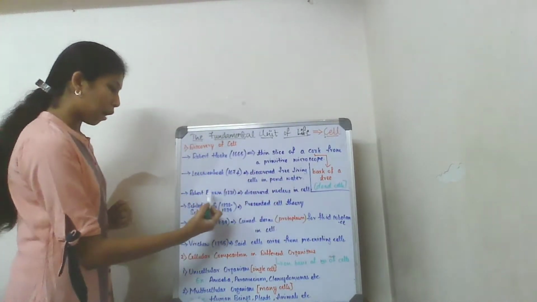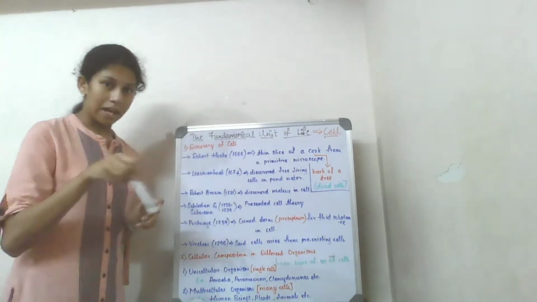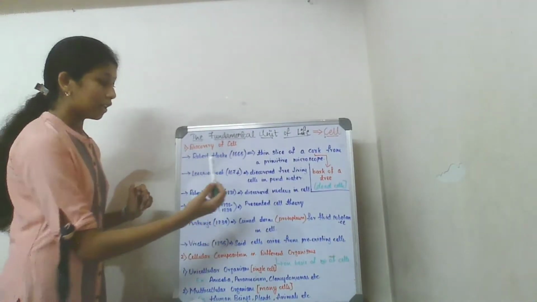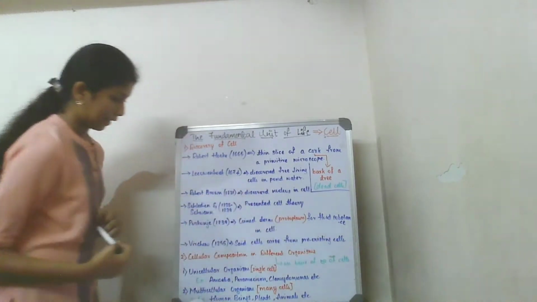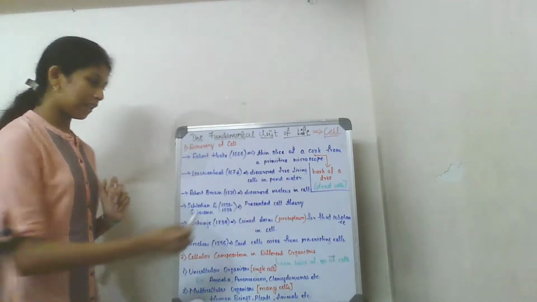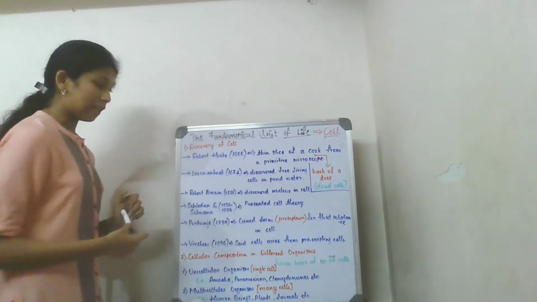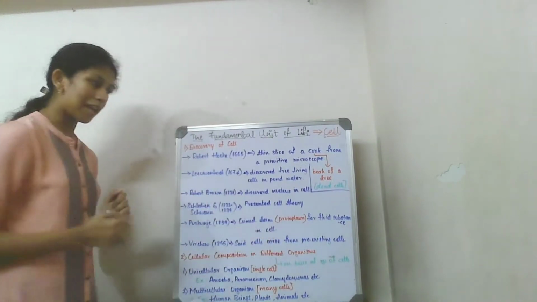Coming to Robert Brown in 1831, he discovered the nucleus inside the cell. Schleiden and Schwann, in 1838 to 1839, presented the cell theory. Purkinje in 1839 coined the term protoplasm for the fluid substance inside a cell.